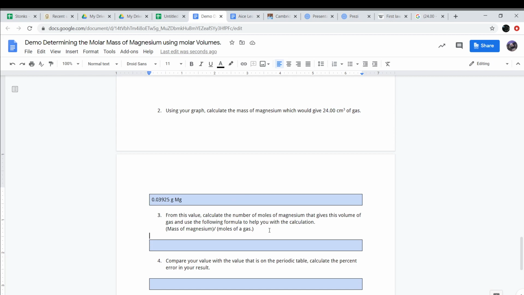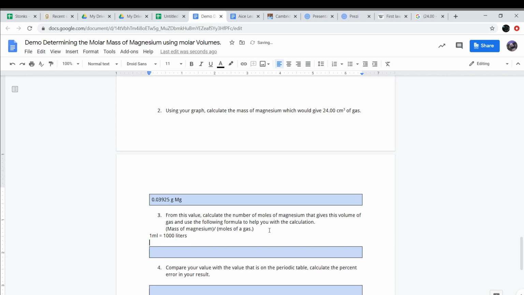Therefore, since 1,000 milliliters equals 1 liter, we could say that 24 centimeters cubed of a gas is going to equal, 1,000 milliliters, wow, I am tired, equals 1 liter.